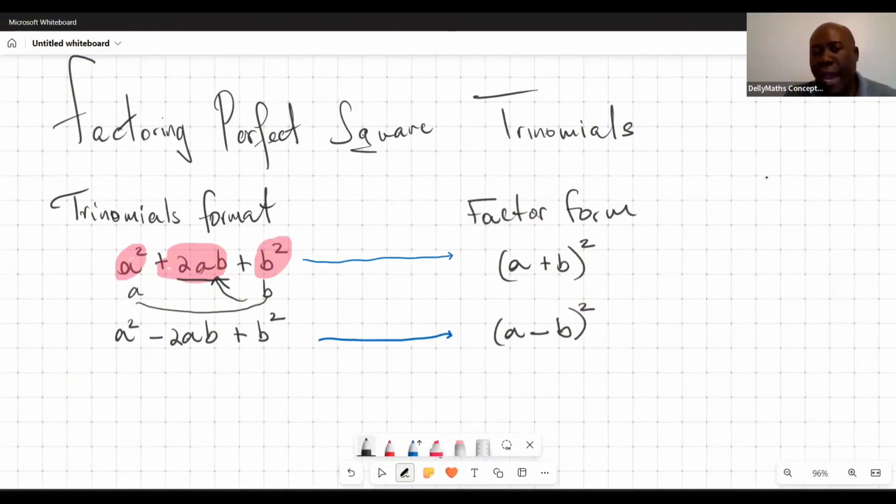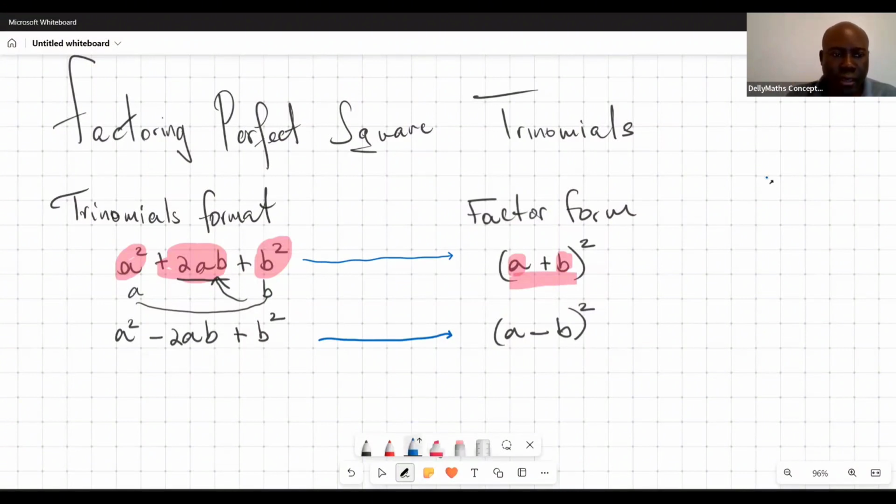Now, when you factor this, all you're going to have is the square root of the first and the last term. The square root of the first term comes first, and the square root of the last term comes last in this binomial. And we're going to square it because it is a perfect square, which means it is multiplied by itself.